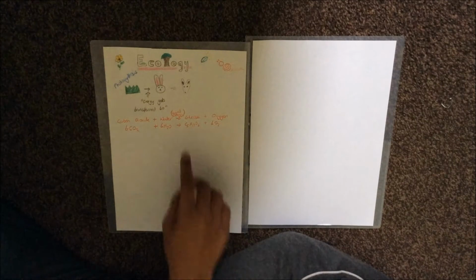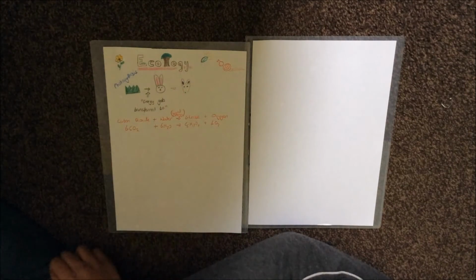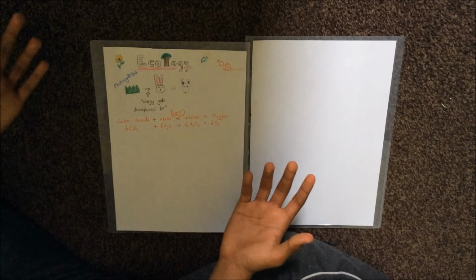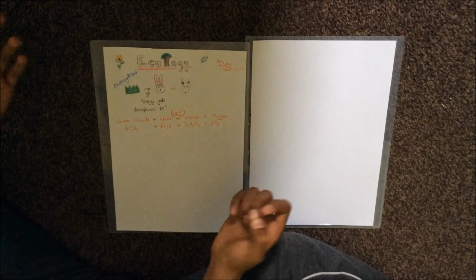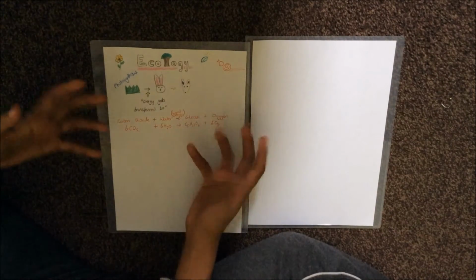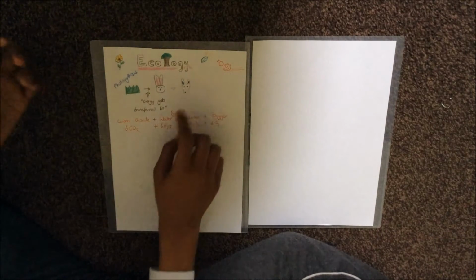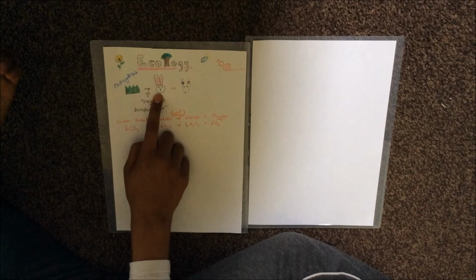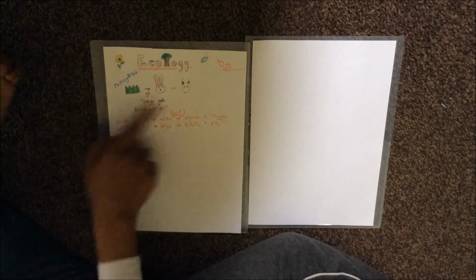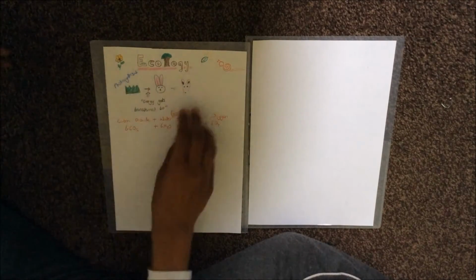What we do need to understand is that glucose can either be used or stored by the rabbit. If it's stored, and the rabbit gets eaten by a fox, the glucose inside the rabbit that's stored as chemical energy will get transferred to the fox. And this is how these arrows work. It's the transfer of energy.